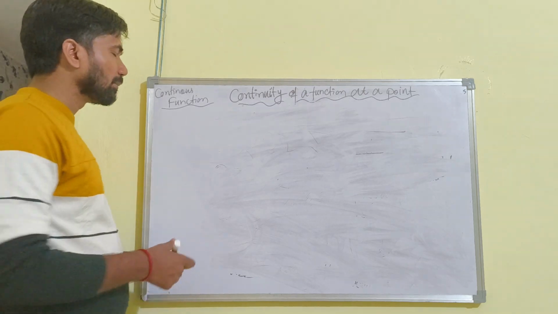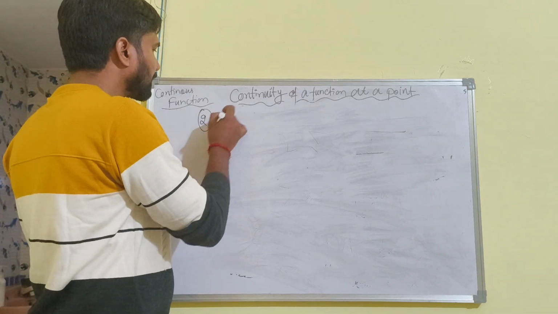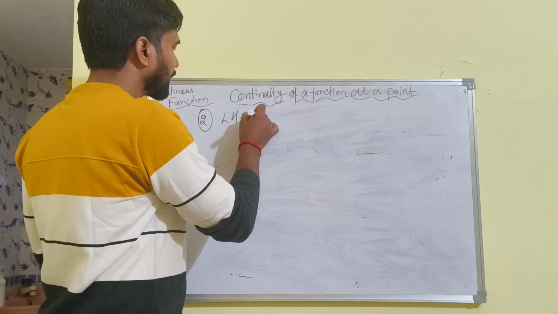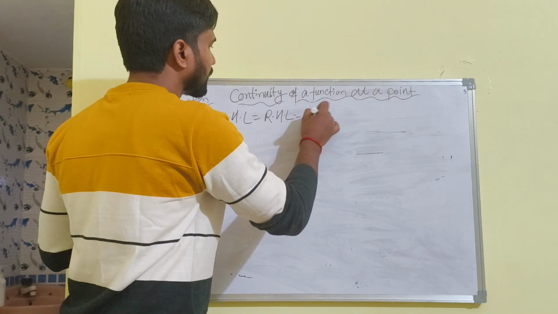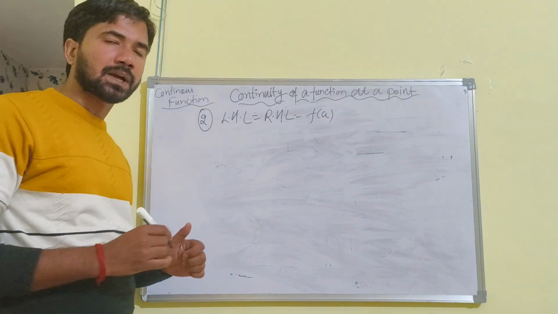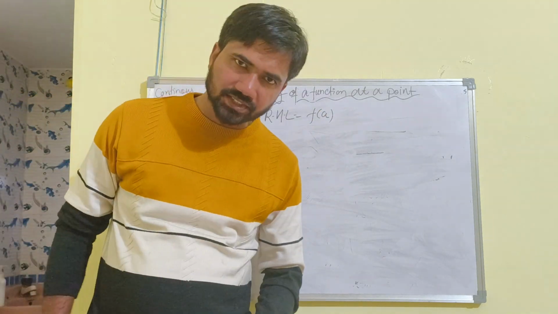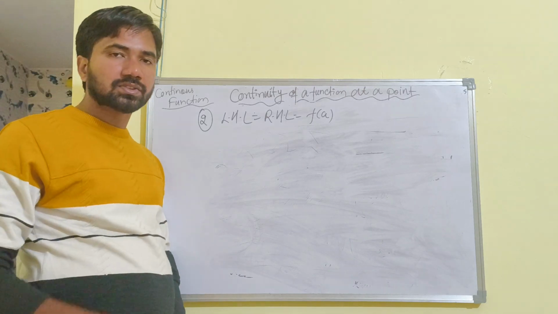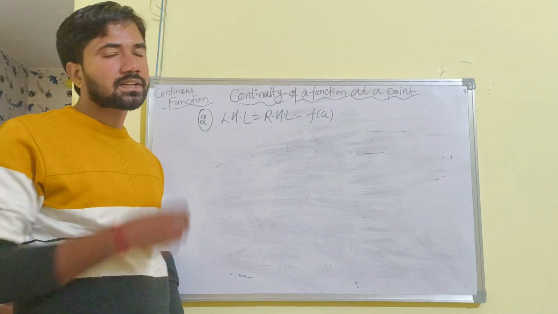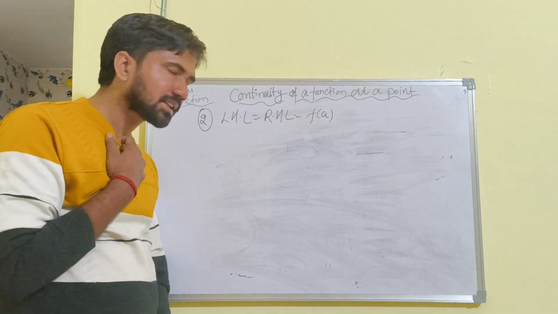Second is that maybe left hand limit equals right hand limit but is not equal to the value of the function. At that time also we say the function is discontinuous. If left hand limit equals right hand limit but not equal to the value of the function, then this is also a discontinuous function.